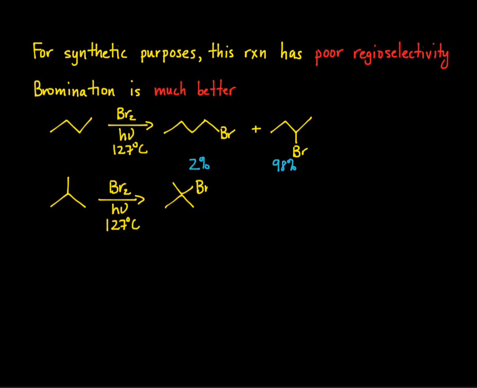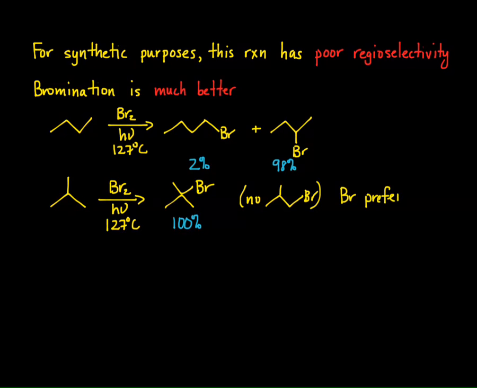Likewise, if I take 2-methylpropane, react it with bromine, I see only the production of that 2-bromo-2-methylpropane, so 100% yield. And notice there is absolutely none of the primary alkyl bromide that's formed.